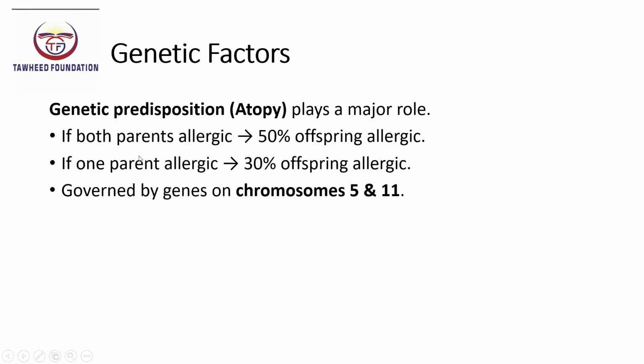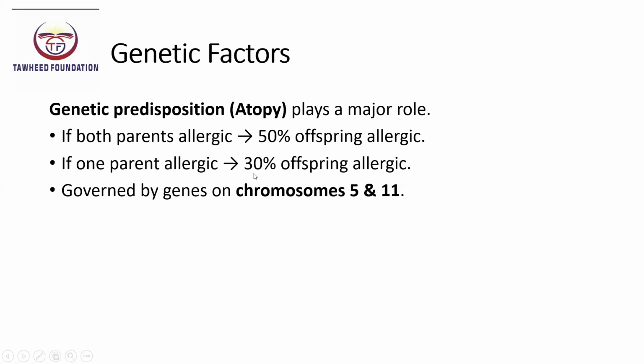Next is genetic factors. Genetics also play a significant role in type 1 hypersensitivity. Individuals with a family history of allergies are more likely to develop allergic reactions themselves. For instance, if both parents are allergic, there is a 50% chance that their children will also be allergic.